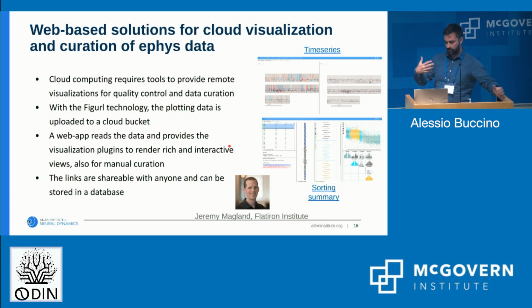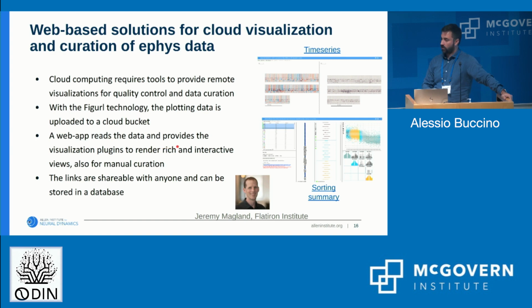Jeremy developed the technology, and we helped in designing these views. We are using this Figurl technology, which basically uploads the plotting data to the cloud and makes a shareable link, and then a web application can read the data and render the plotting data with appropriate visualization plugins.